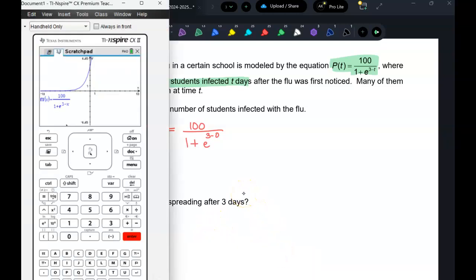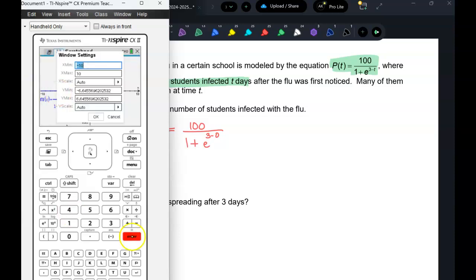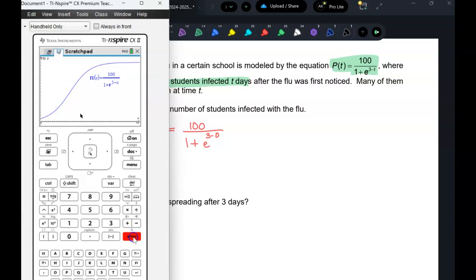It's 0 to 10, and then I made the other bound 110, which makes sense because we don't have anything that's going to go below 0. Negative students had the flu.